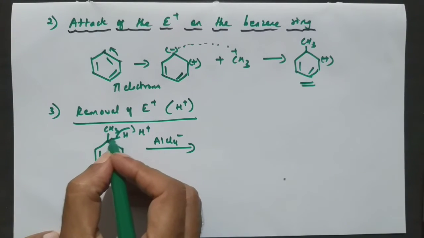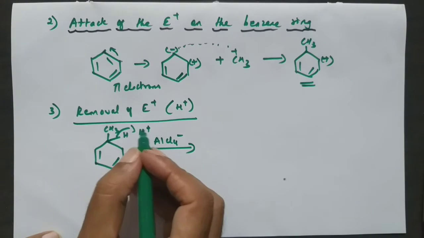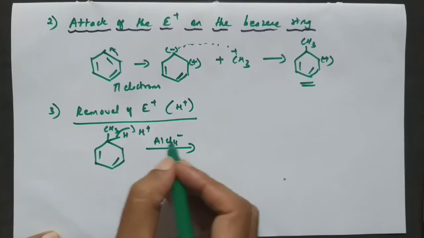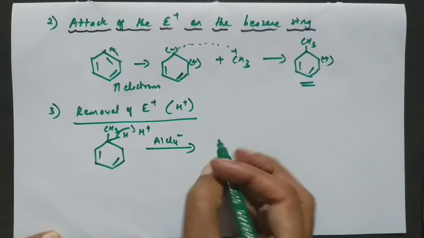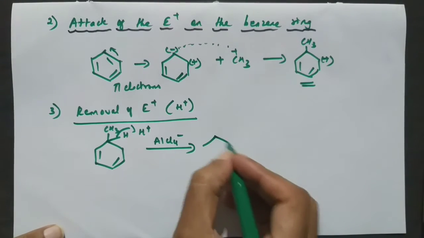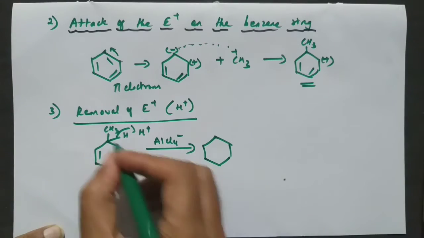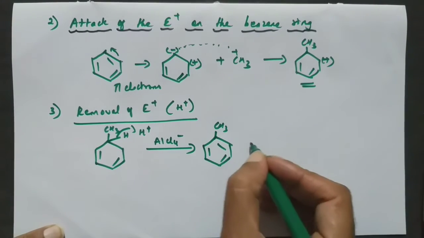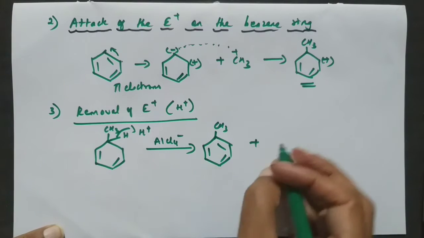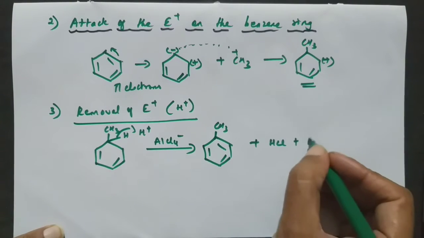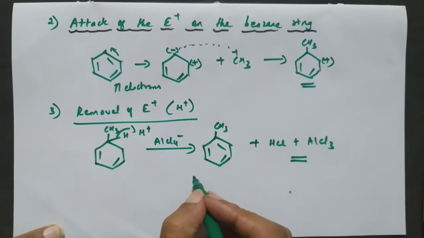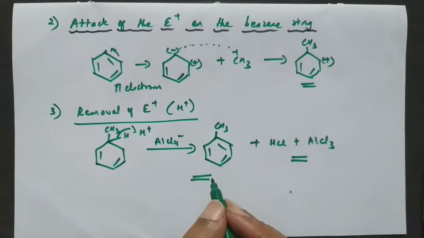The 2 electrons will be available after the H plus leaves, and those 2 electrons will form the double bond once again. This H plus and Cl minus will form HCl. H plus moves away and we finally end up with the CH3 benzene. One H plus and Cl give HCl, and the catalyst is regenerated, that is AlCl3. So this is the mechanism of Friedel-Crafts alkylation.